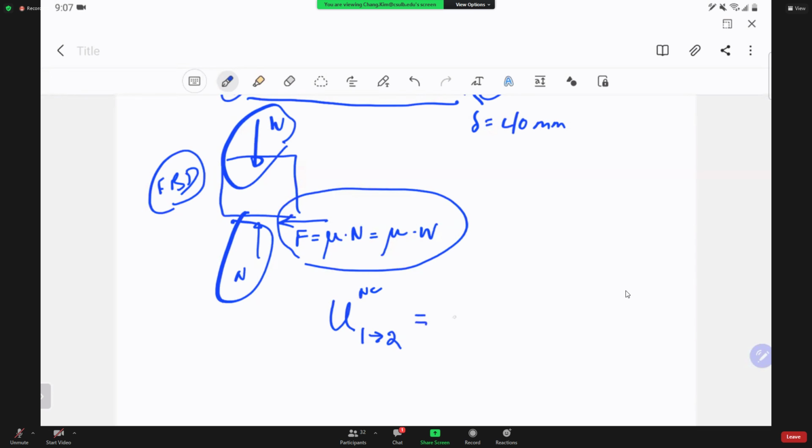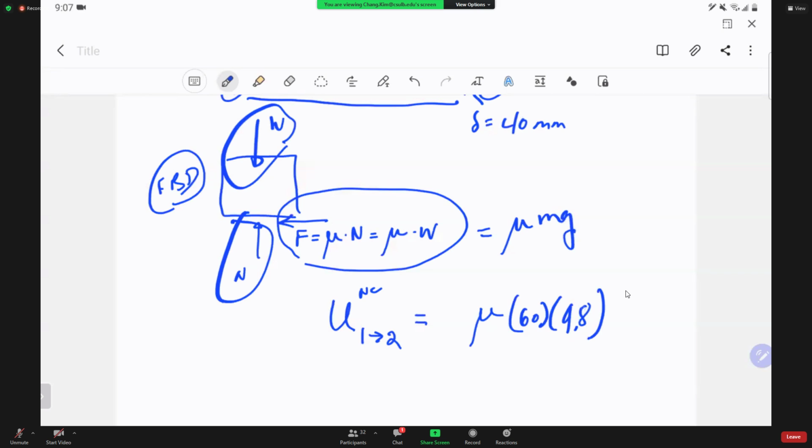In this case, it's going to be force times distance. So it's going to be mu times W. This is going to be mg, where m is 60 kilograms and g is 9.8 meters per second squared.